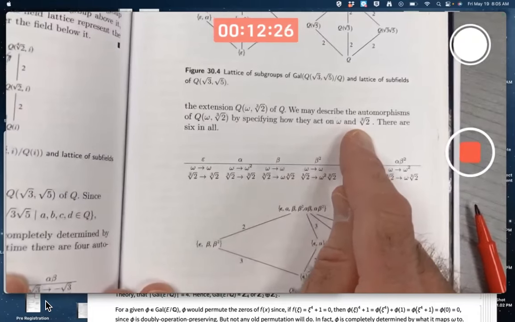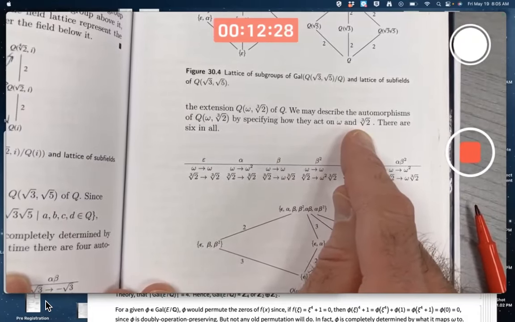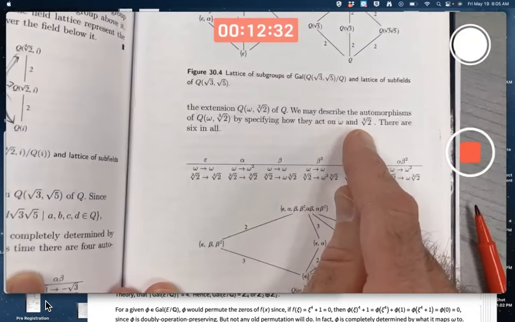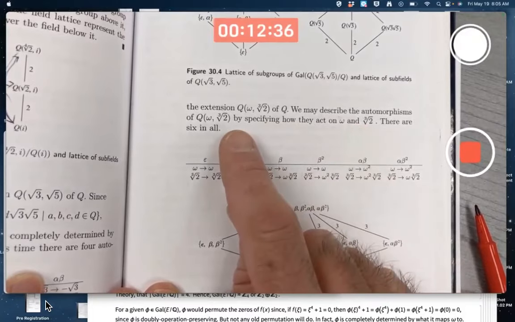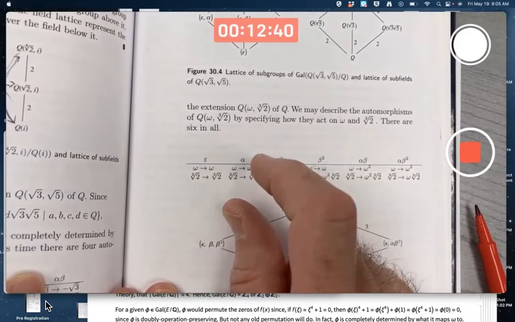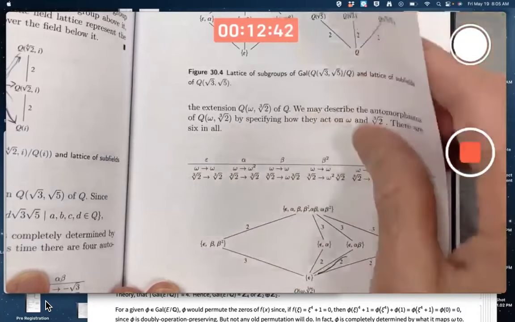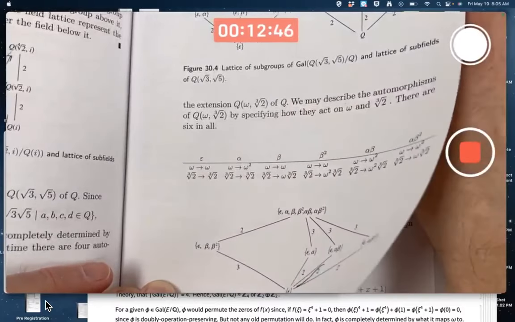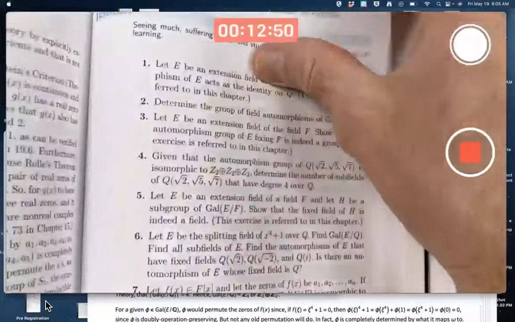First of all, remember exercise 1, which you should also be able to do for the test. You should make sure you study exercise 1. If you have a field extension of the rationals, any automorphism of such a field extension will automatically fix all the elements of Q. That's the content of exercise 1.